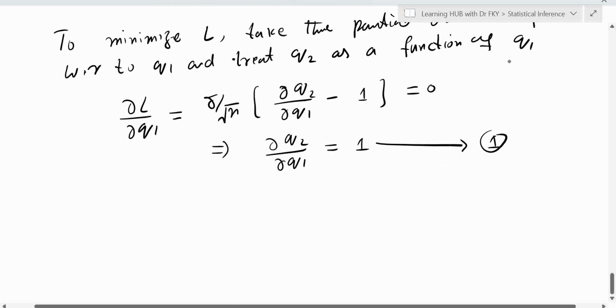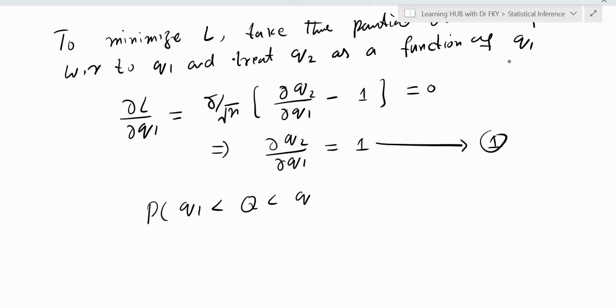Now we know that probability of q1 less than X less than q2, this statement is mentioned above, is equal to 1 minus alpha. This means that we can write cumulative distribution function of q2 minus cumulative distribution function of q1 is equal to 1 minus alpha.